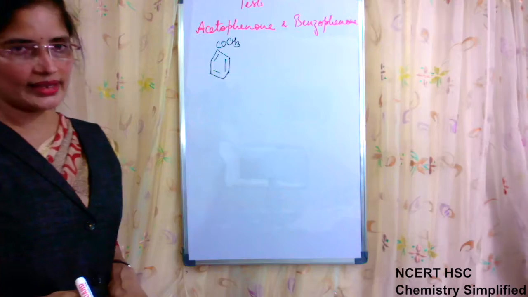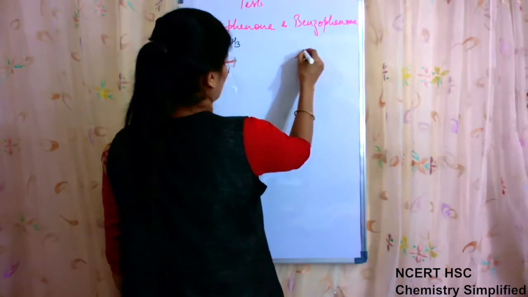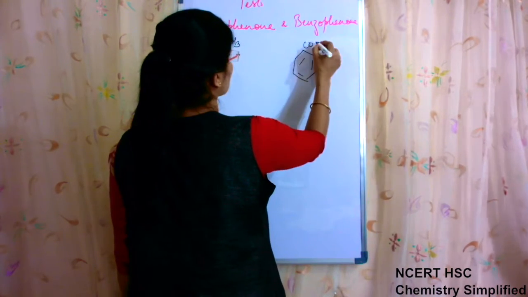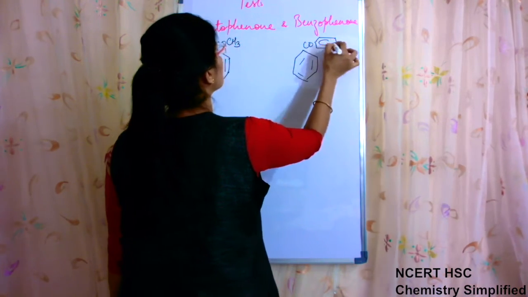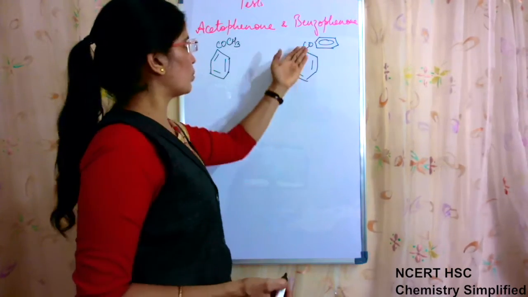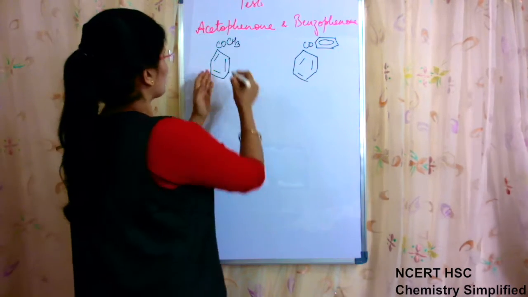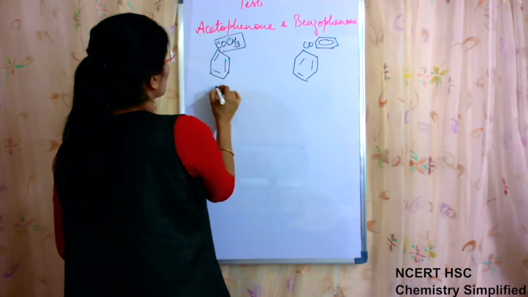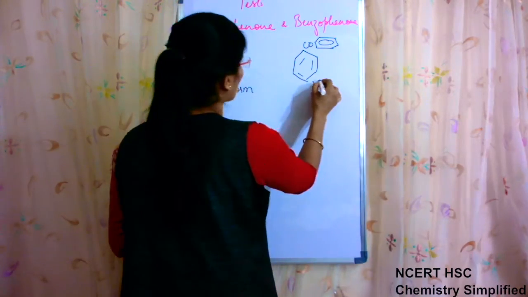The CH3CO group is actually the aceto group. So this is acetophenone. And benzophenone: benzene is there, and phenone means ketone is there, and benzophenone means another ring of benzene is also there. This is benzophenone. To distinguish these, both are ketones, so we cannot use Fehling or Tollens. But this is a methyl ketone, with a COCH3 group, so this can give the iodoform test, and the other will not give the iodoform test.